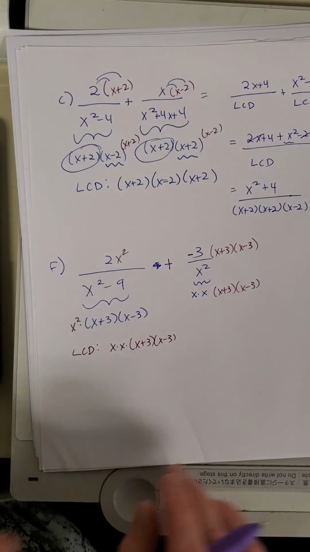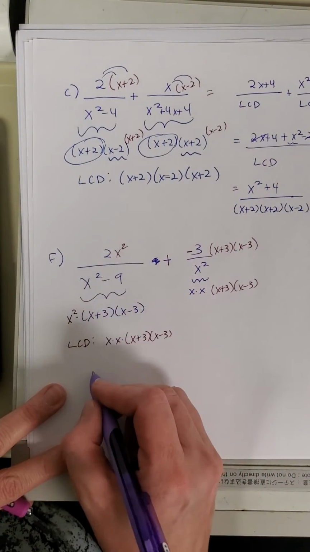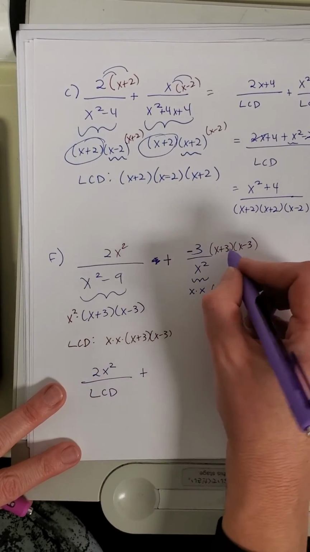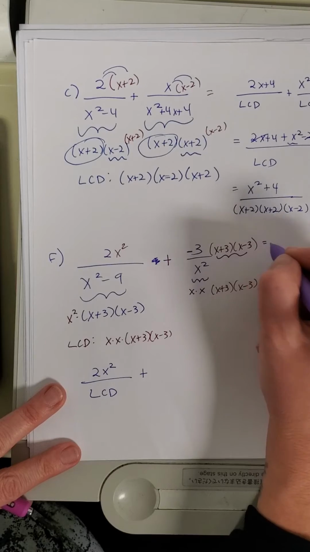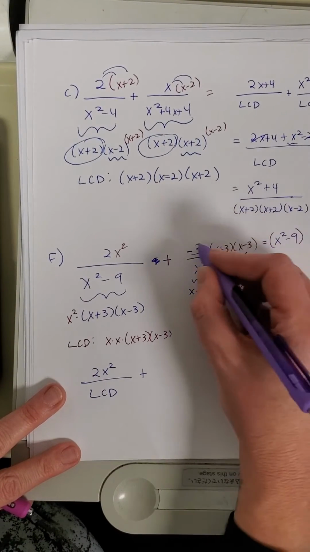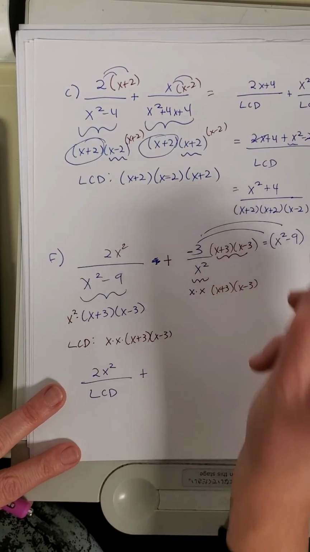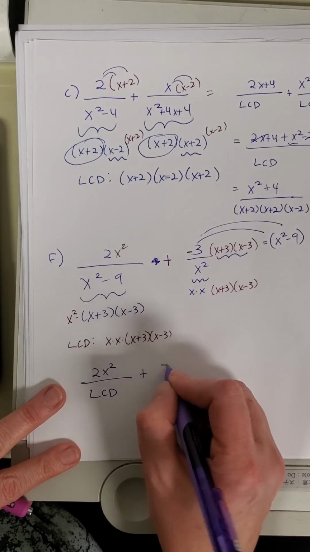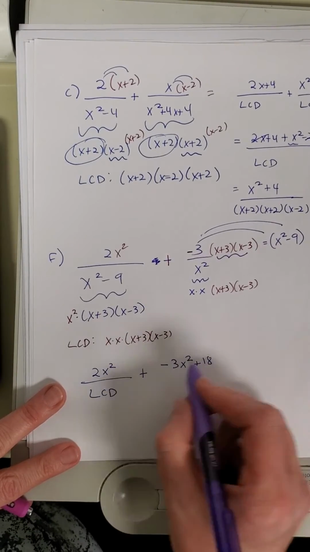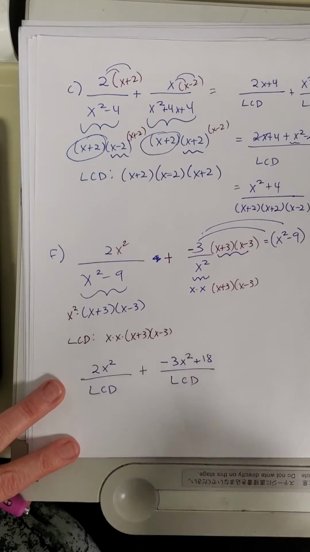So in the numerator here I have 2x squared over the LCD plus, I'm going to multiply this back out. That was x squared minus 9, and I'm going to multiply that by negative 3. So I'll distribute the negative 3 through. So that's negative 3x squared plus 18 over the LCD.